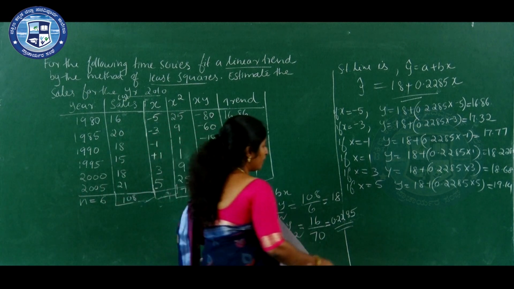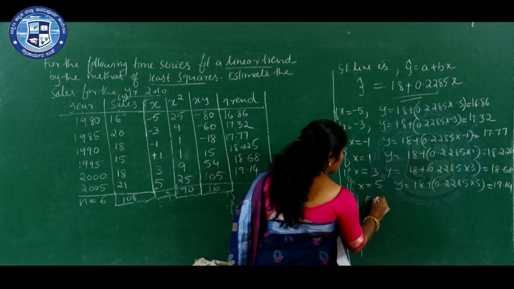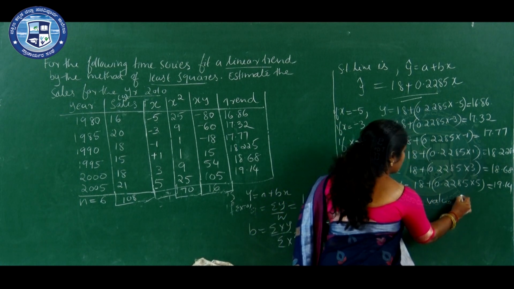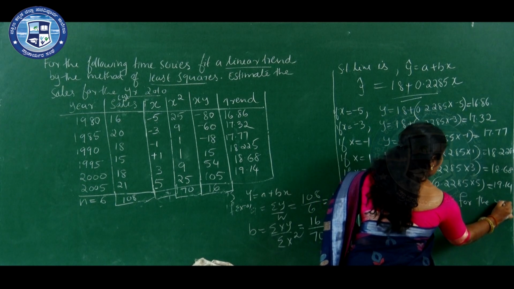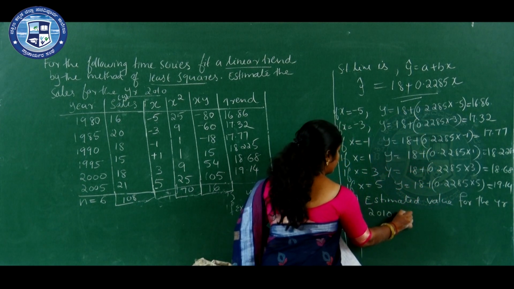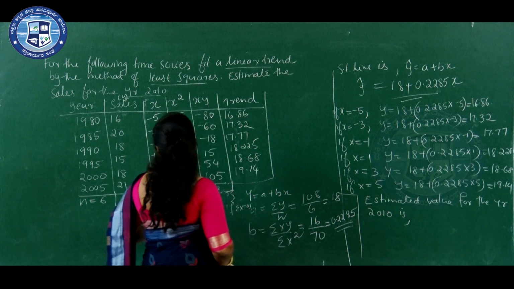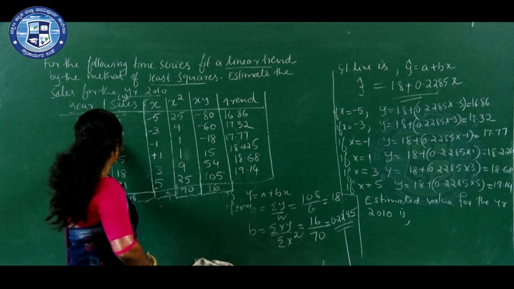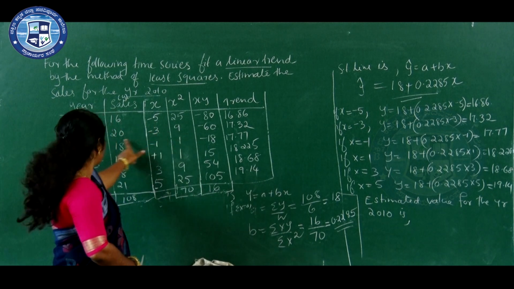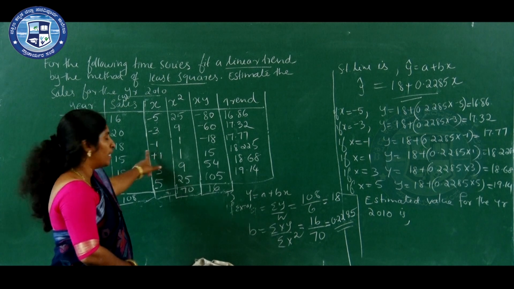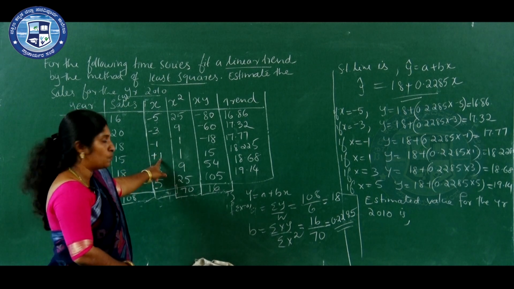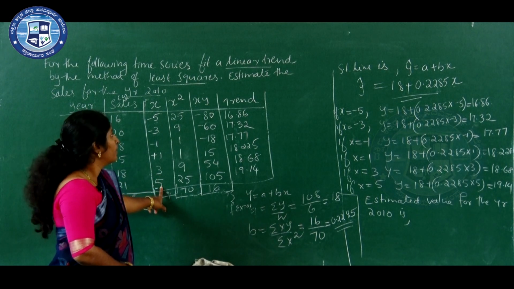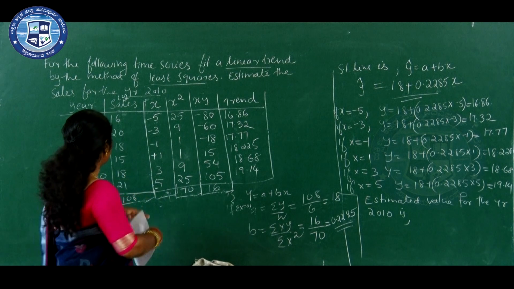The estimated value for the year 2010: for 1980 x is minus 5, for 1985 minus 3, for 1990 it is minus 1, for 1995 it is plus 1, for 2000 it is 3, for 2005 it is 5, and for 2010 you have to estimate.